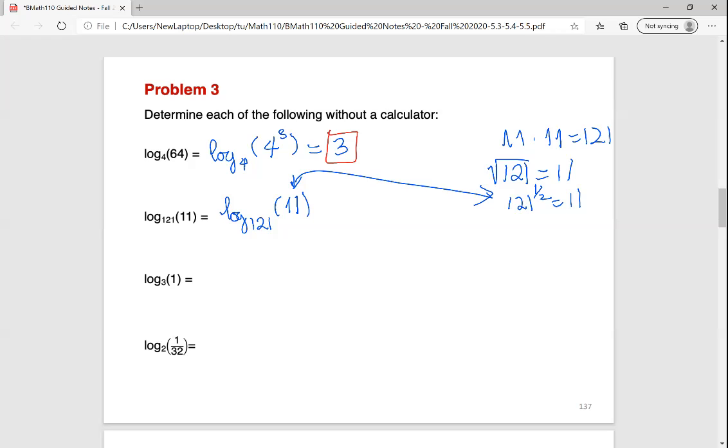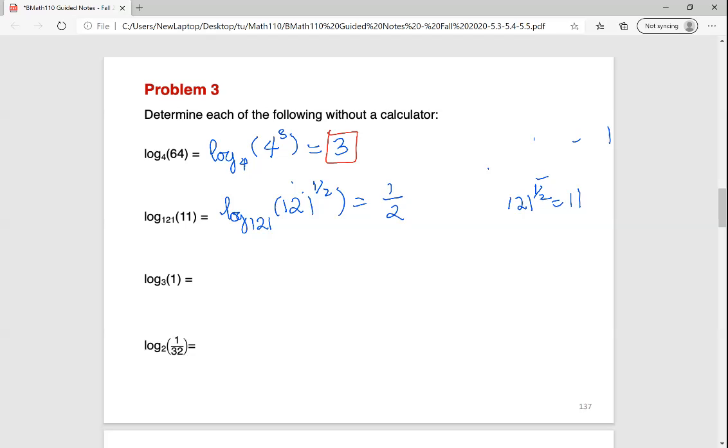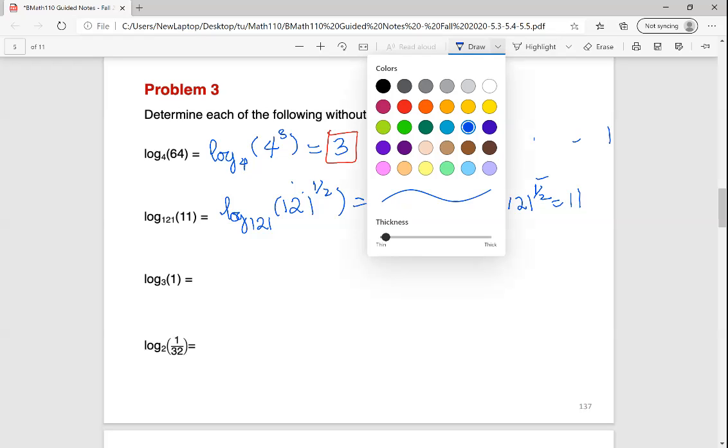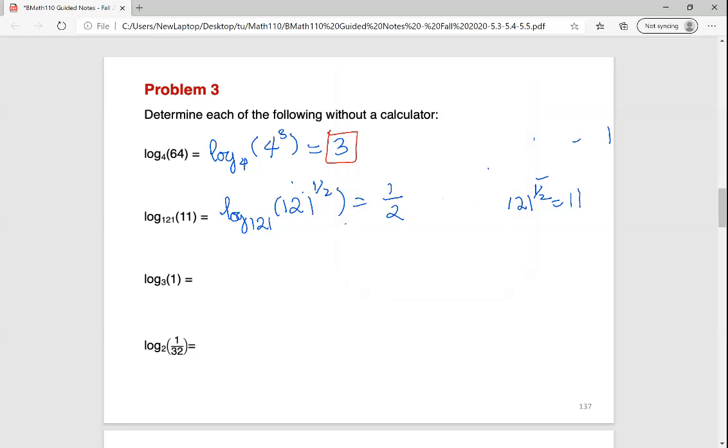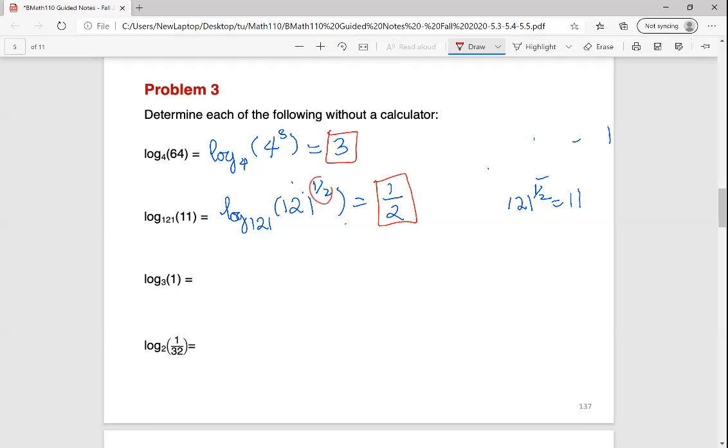So that may be a good way to solve this problem, right? Now apply the inverse property. You can easily have that this is equal to the exponent of the argument, which is 1/2, right? This guy.